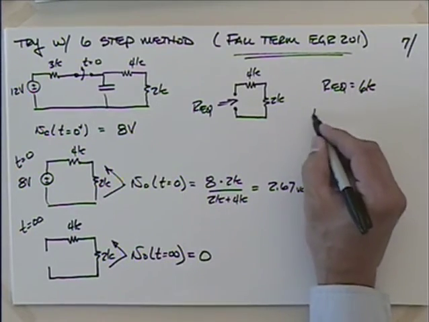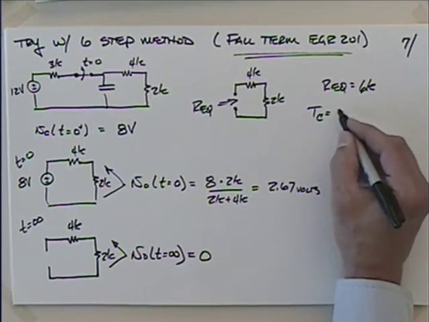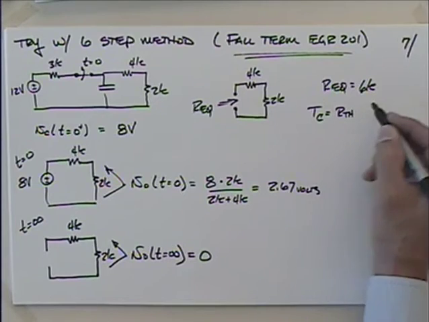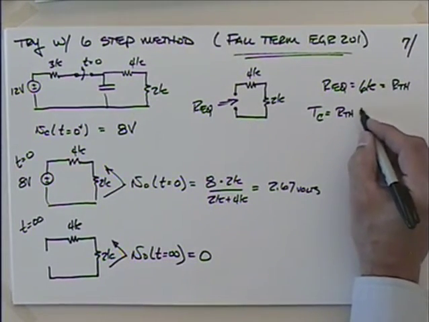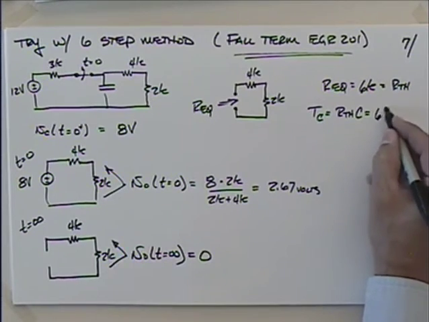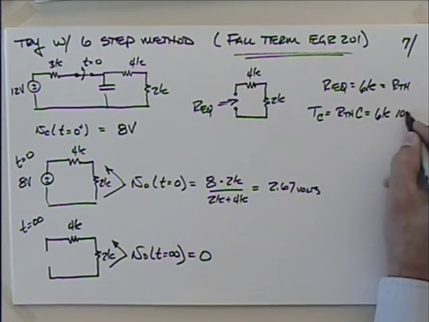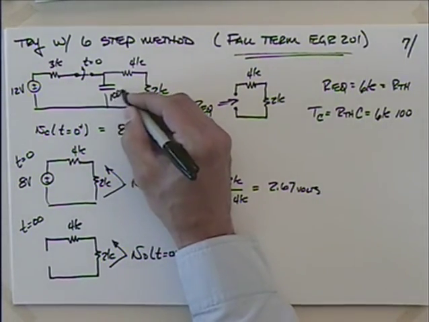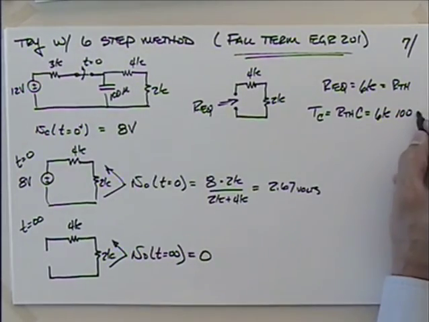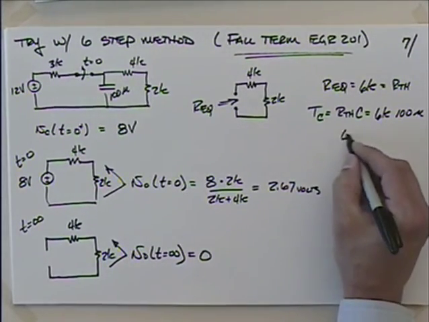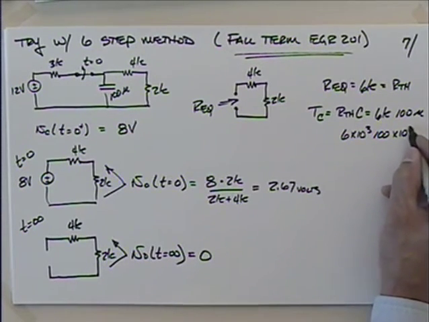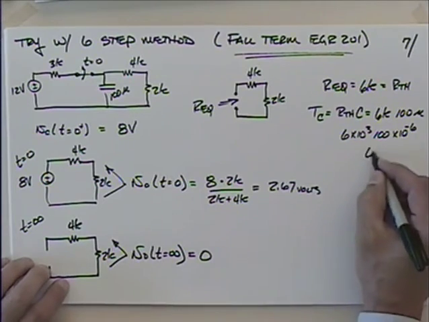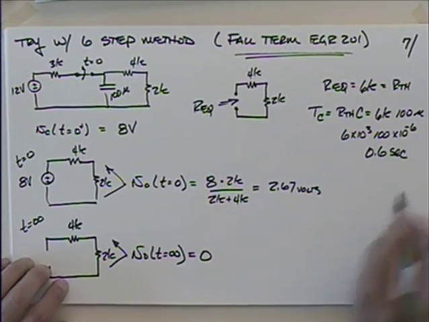And we know that the time constant is equal to the Thevenin, or the equivalent, resistance times the value of the capacitance. So we have 6K times 100, this was still at 100 microfarads. So 6 times 10 to the 3 times 100 times 10 to the minus 6 gives me what? 0.6 seconds.